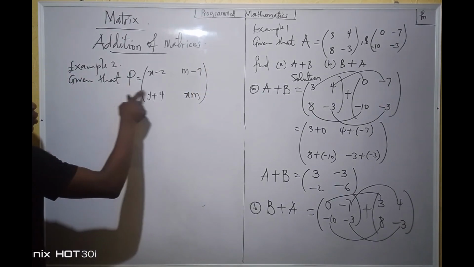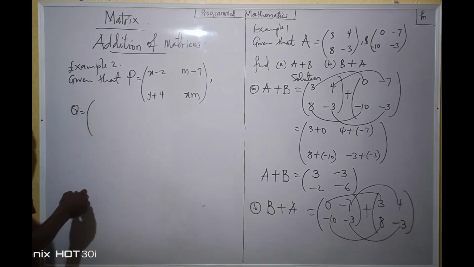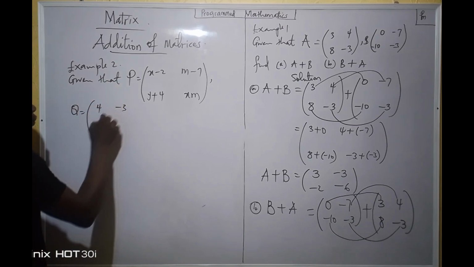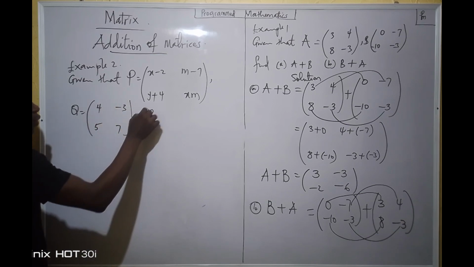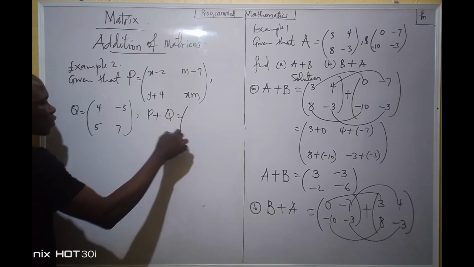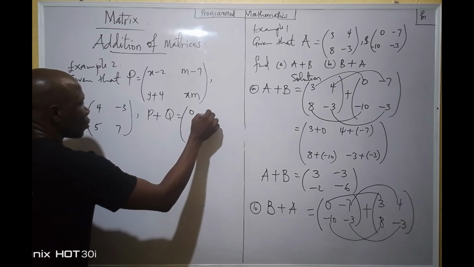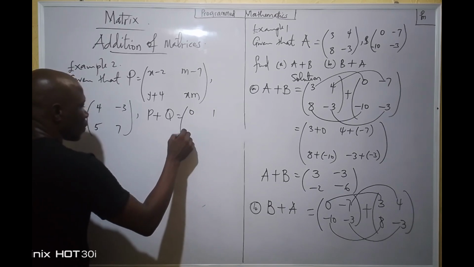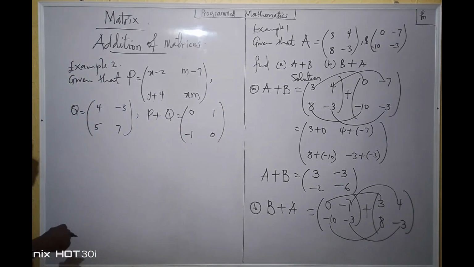This matrix P equals this, matrix Q is the matrix 4, minus 3, 5, and 7. And we are given also that the sum of matrix P and Q is 0, 1, minus 1 and 0. So these are the matrices given.